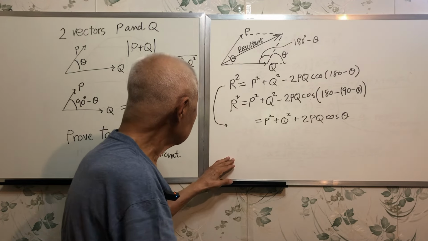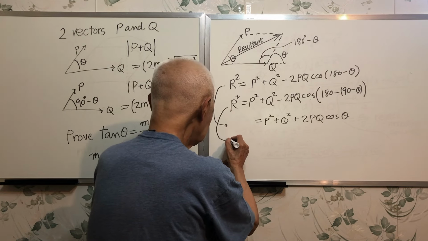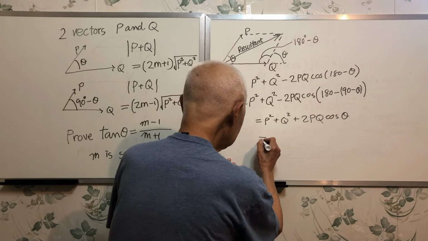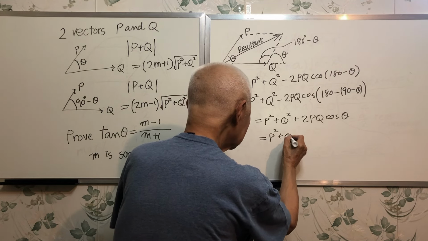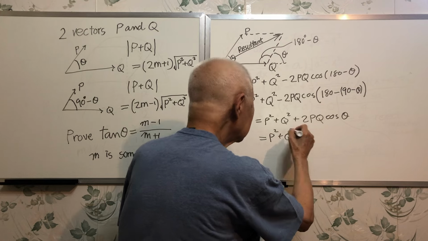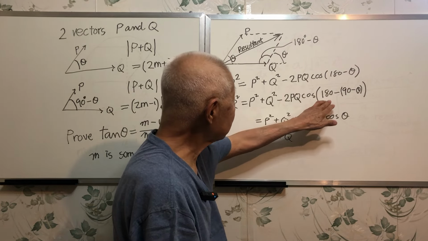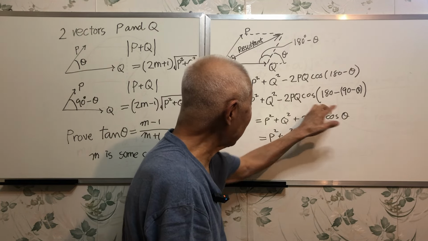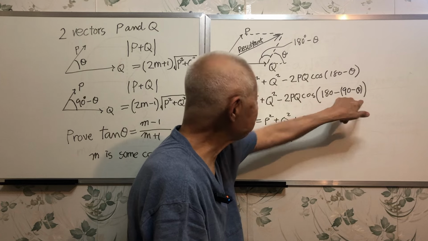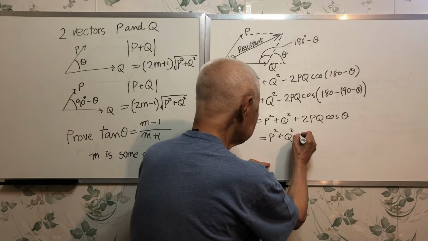How about this one now? Cosine this minus that is negative cosine this. Negative changes the negative to positive.